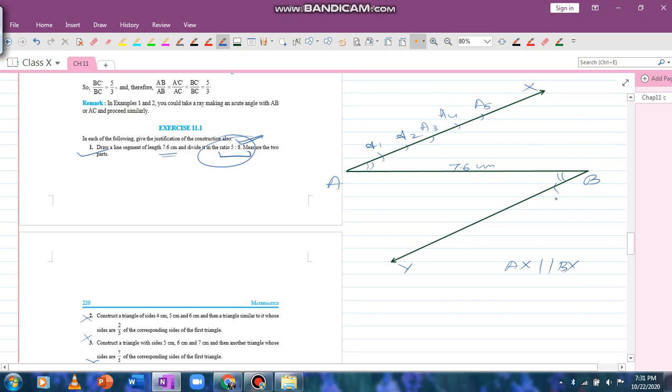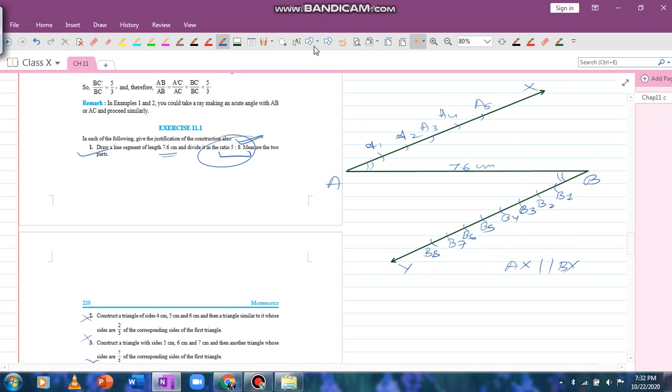Similarly, from point B we have B1, then B2, 3, 4, 5, 6, 7 and 8. Let's name these. I've missed 3, let's just write that down. So this was the third one, B3, B4, B5, B6, B7, B8.